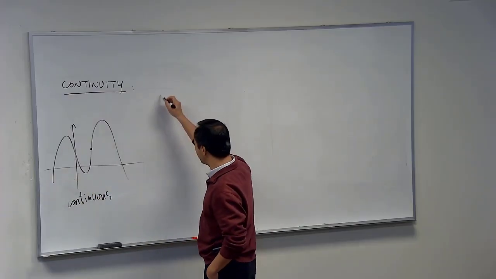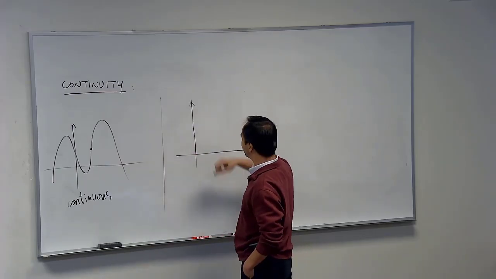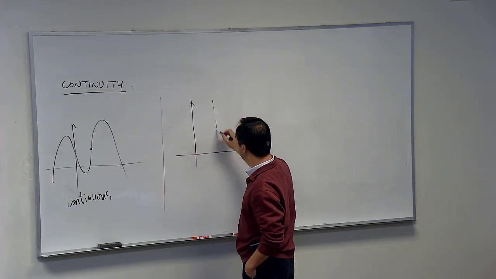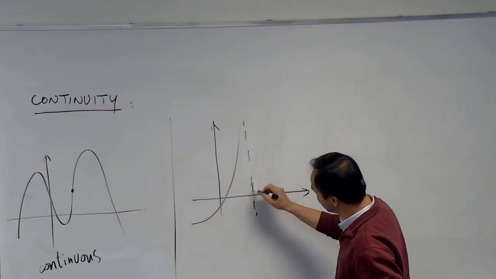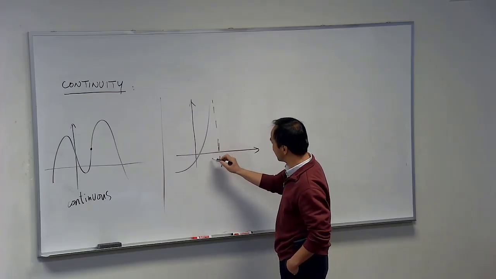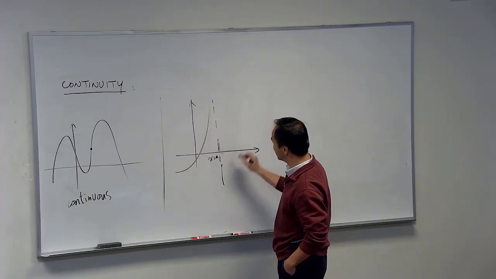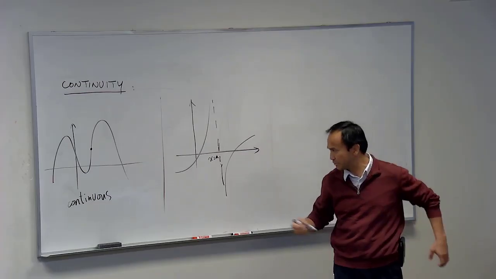And then there are the cases where you run into a graph with a vertical line as an asymptote, somewhere going like that. This vertical line is at some x equals a. You definitely have to lift your pencil in order to jump to the other piece being asymptotic to that.